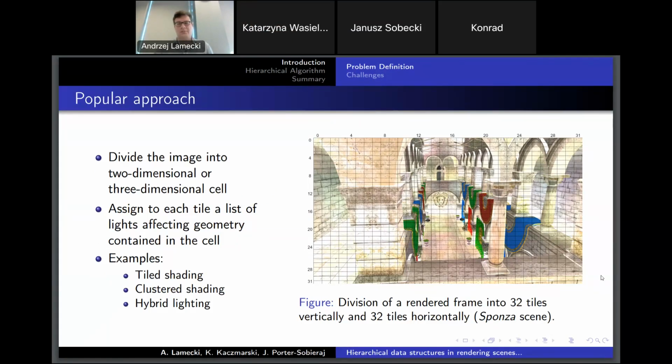Then during the shading process, we read the information from the list corresponding to the cell the shaded pixel is in and check if the light really affects the color of a pixel. Examples of algorithms using such methods are tiled shading, clustered shading, and the newest one, hybrid lighting.